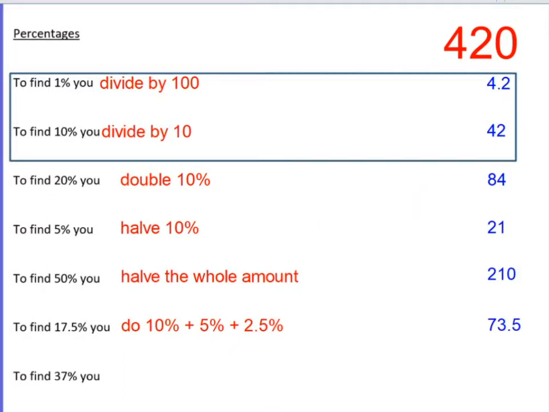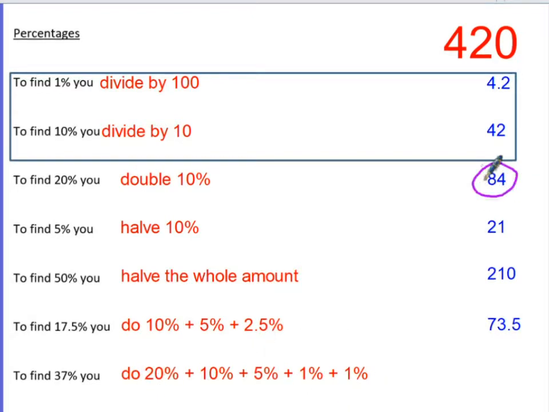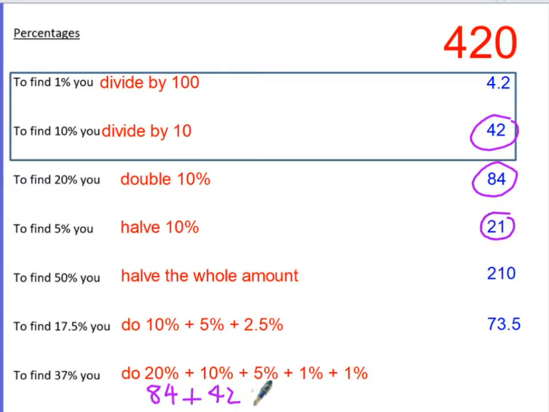To find 37%, I could do 20% plus another 10% plus another 5% plus another 1% and then another 1%, because that would give me 37%. 20% we know is 84. 10% we know is 42. 5% we know is 21. 1% we know is 4.2.